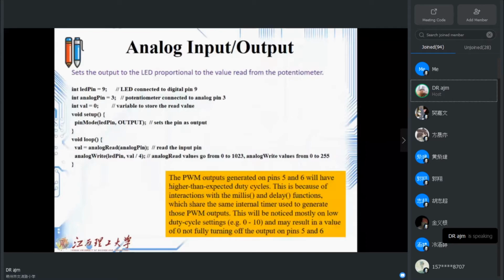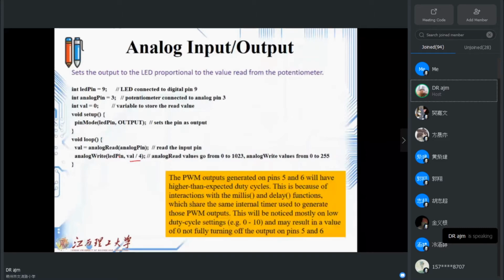Pins 5 and 6 will have a higher than expected duty cycle. This is because of the interaction with the millis and delay functions, which share the same internal timer used to generate those PWM signals. This is noticed mostly at low duty settings.